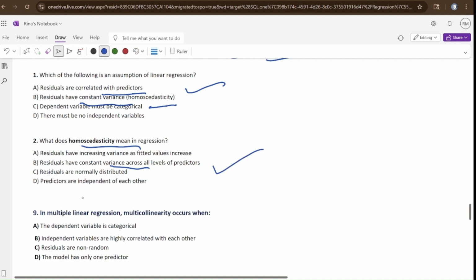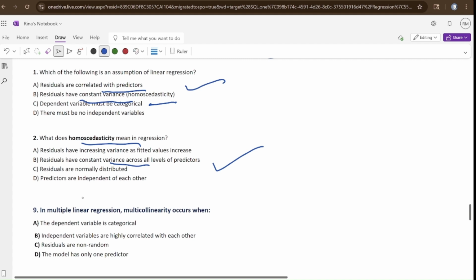Residuals means actual value minus predicted value, and constant variance means the spread or scatter of residuals stays the same no matter what the input variable is. So the size of the prediction error does not change as the input variable changes. Clear? Simply, it will look like random scatter. No pattern, no funnels, no fans, nothing. Just random.